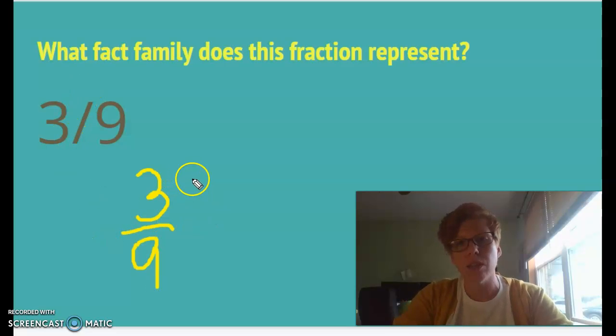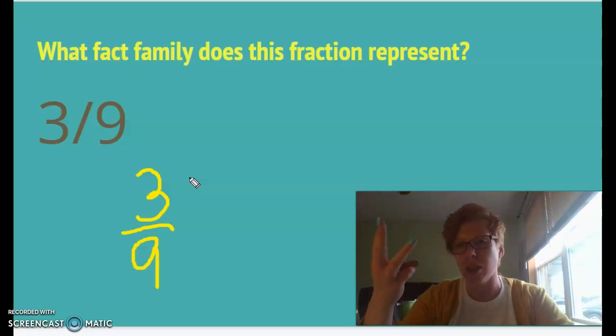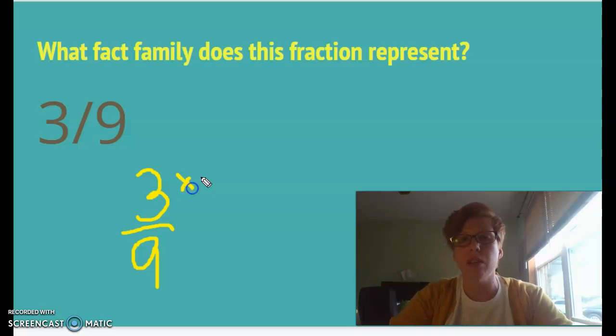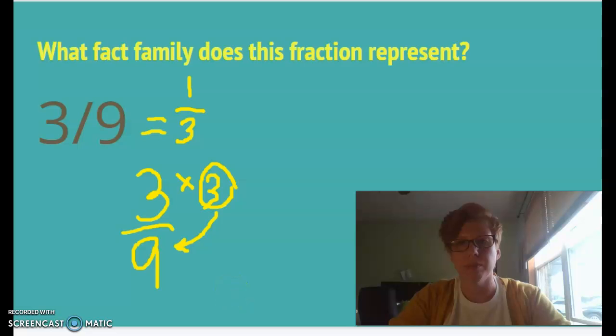Well, ask yourself, how many times does it take for 3 to get to 9? 3, 6, 9. 3 times. 3 times 3 is 9. So this is in the third fraction fact family because the numerator is 1/3 of the denominator.